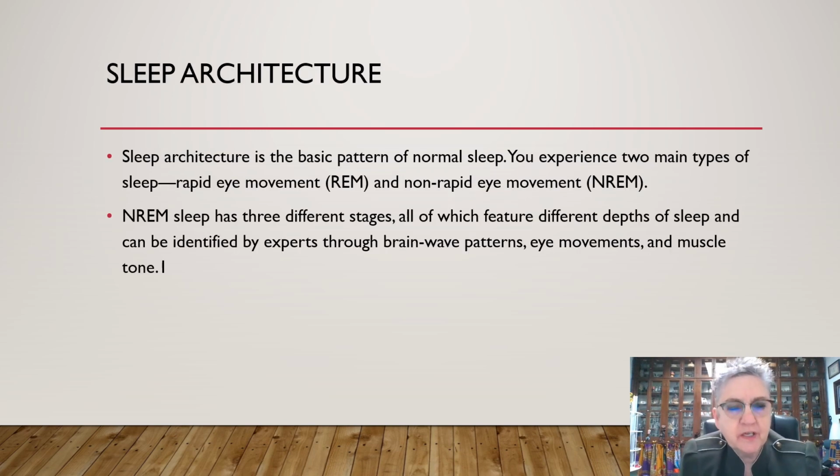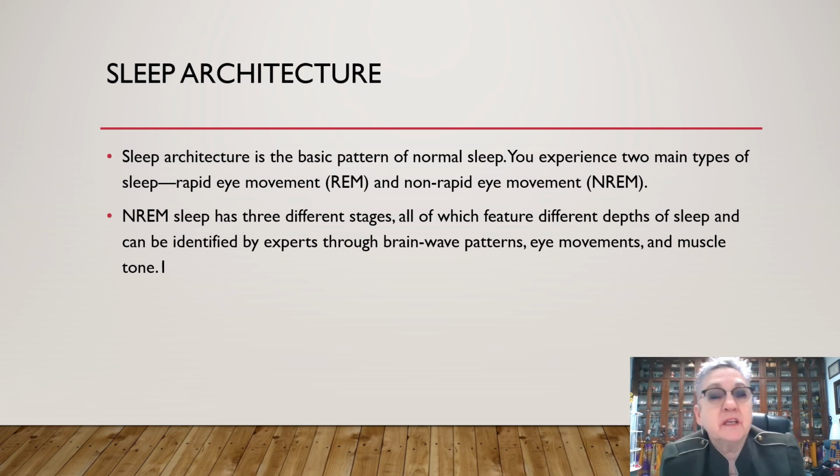As we get started with this section, I want to take a moment to describe a couple of extra terms that we'll be referring to. One of them is sleep architecture, and all of us have the inherent architecture that sleep is supposed to bring onto us.